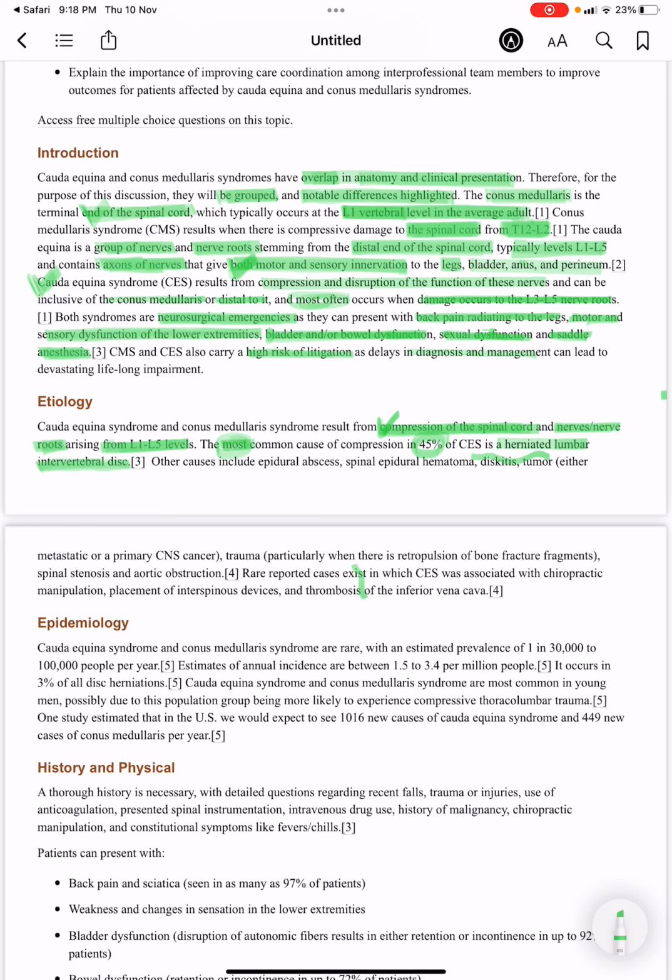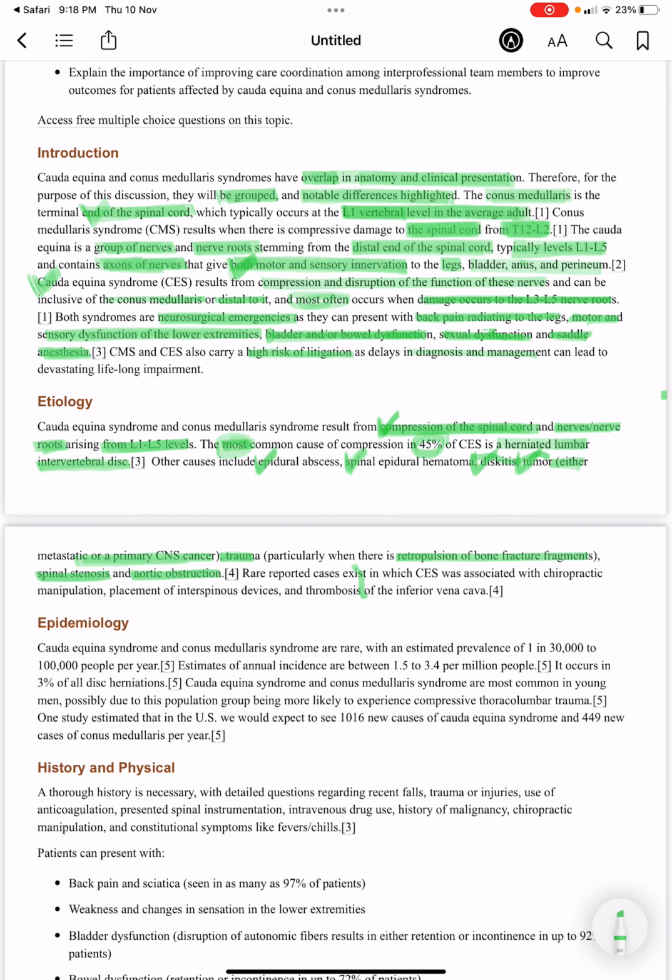Other causes include epidural abscess or epidural hematoma, discitis, tumor, either metastatic or a primary CNS cancer, trauma, particularly when there is retropulsion of bone fracture segments, spinal stenosis, and aortic obstruction. So what are the causes?